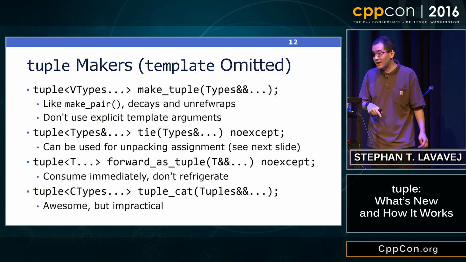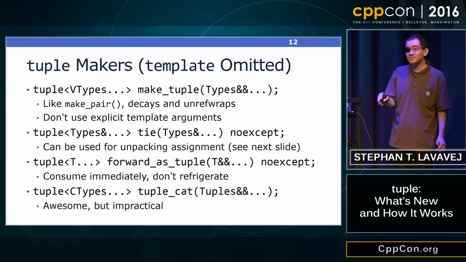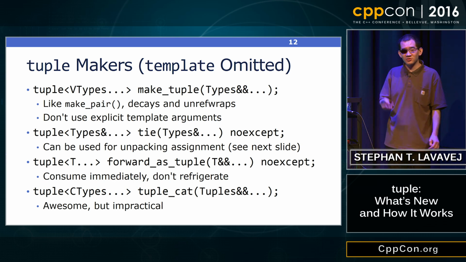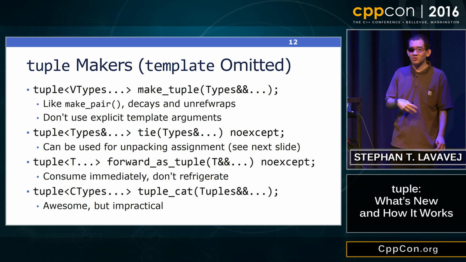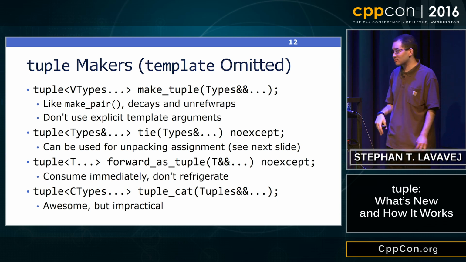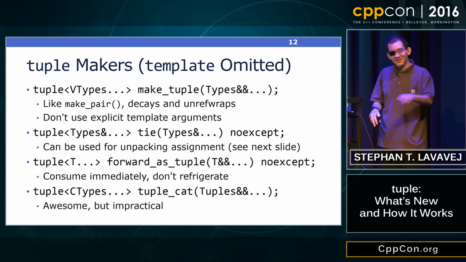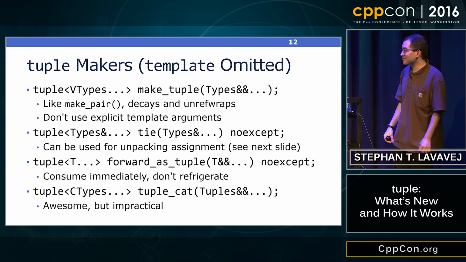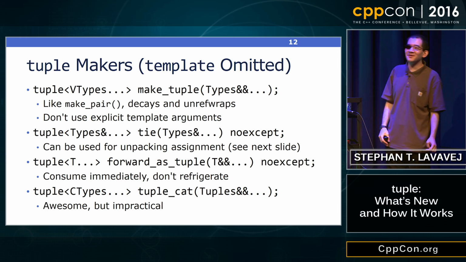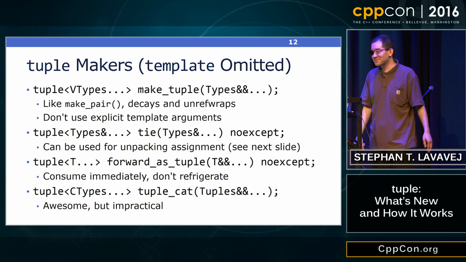The other thing that make tuple does that not even C++17's deduction for constructors does is it unref wraps. So if you have a thing that's called a reference wrapper, which is a standard library type, make tuple actually says, oh, I can give you an actual reference to the thing inside. Questionable whether anybody actually uses that functionality, but it's there, and make tuple does it, and so does make pair.